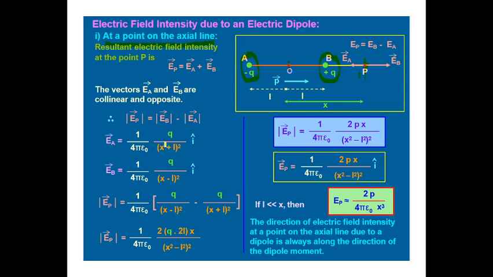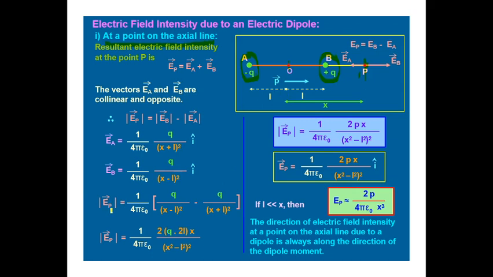Electric field EA equal to 1 divided by 4 pi epsilon naught, q divided by the distance, which is L plus x, whole square, into unit vector i cap because it is along the x axis. Similarly, the magnitude of EB equal to 1 divided by 4 pi epsilon naught, q divided by the distance, which is x minus L, whole square.